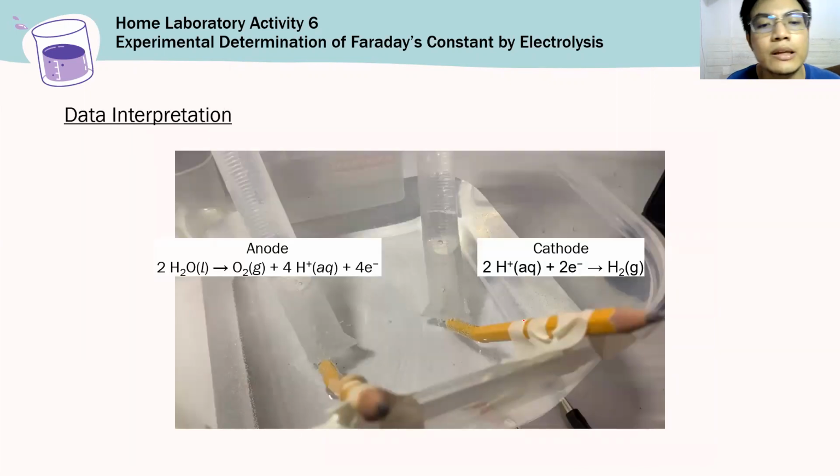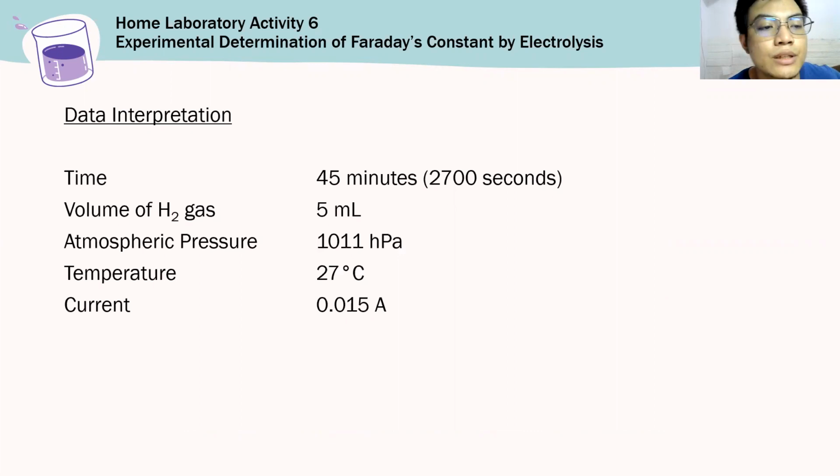To interpret the data, as I mentioned, one compartment is the cathode wherein hydronium ions are being converted into hydrogen gas, and the other compartment is the anode wherein water is oxidized to produce oxygen gas. These are some of the data I need to collect.